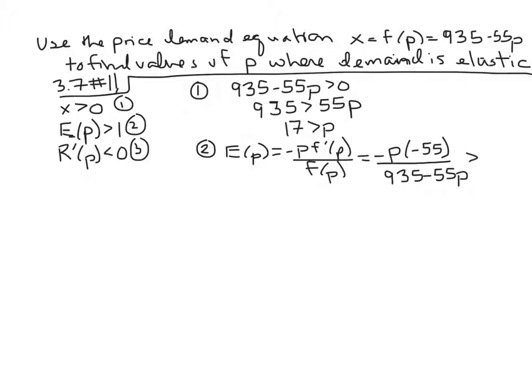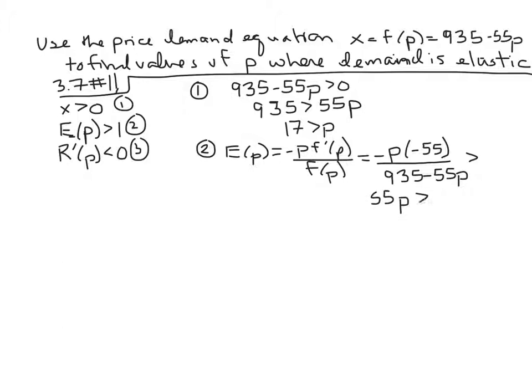So the first thing that I'm going to do is multiply by 935 minus 55p on both sides to get rid of that fraction. We've got a negative there and a negative there, so those become positive. So the negative and the negative become positive on the top, and I am left with 55p.